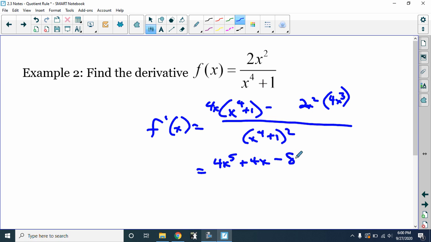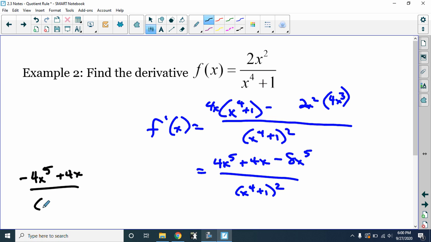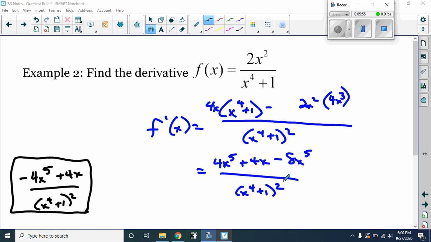Multiply. And combine like terms. That's it. That's the quotient rule.